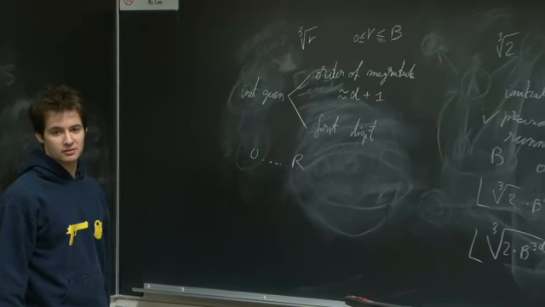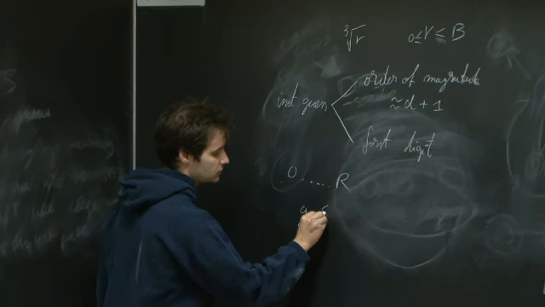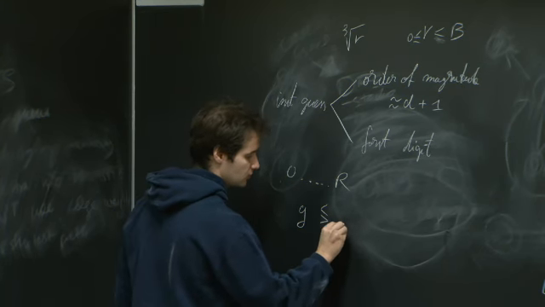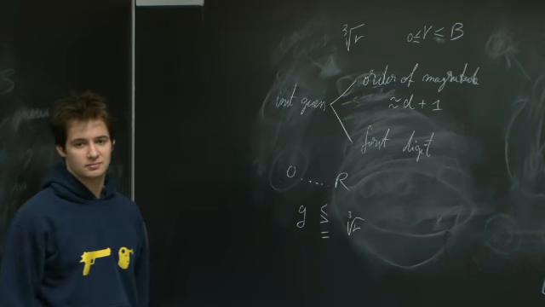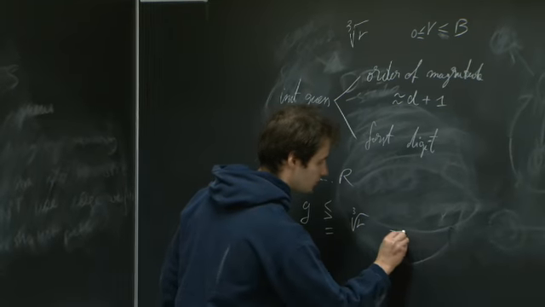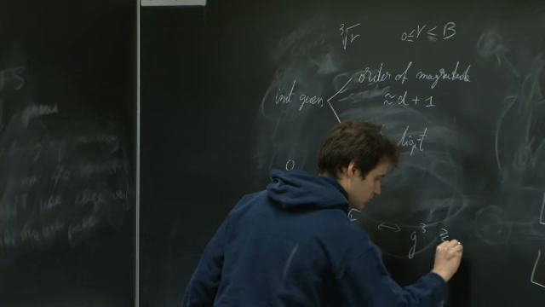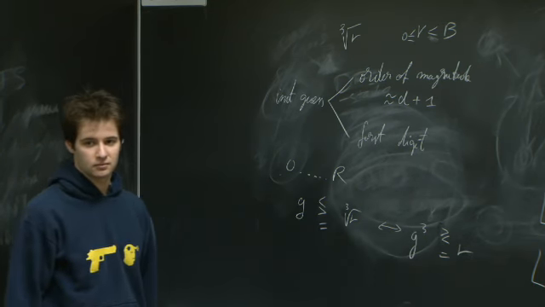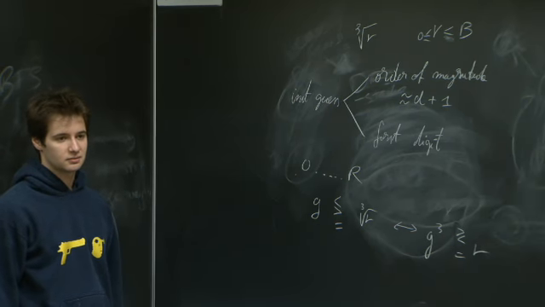In order to do binary search, suppose I have my guess g. I want to see how g compares to cube root of r. How do I do this? This is equivalent to g cubed compared to r. g cubed is 2 multiplications, so I know how to do that.